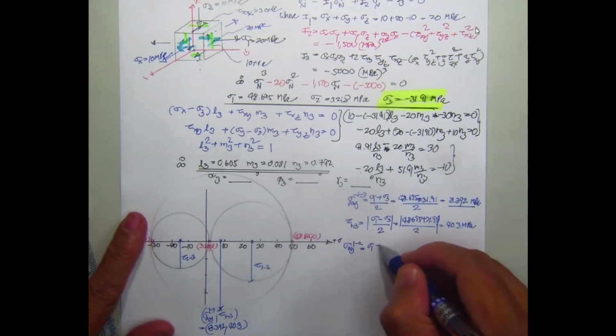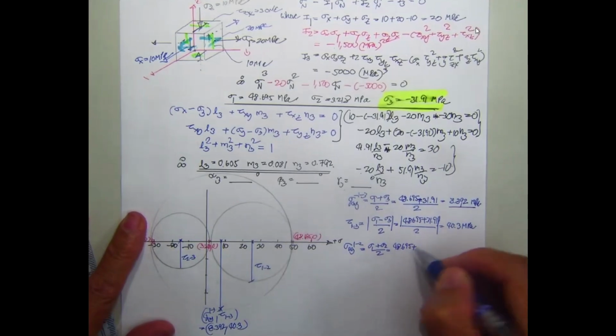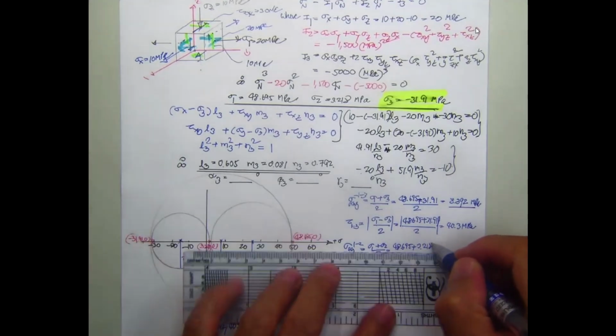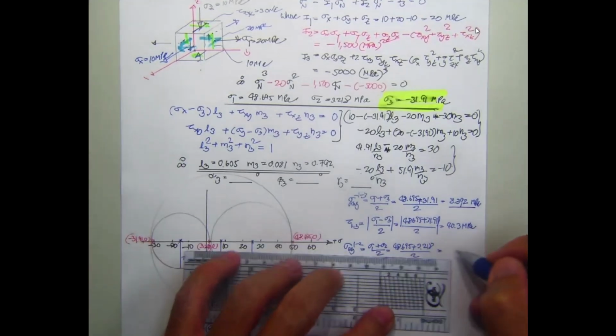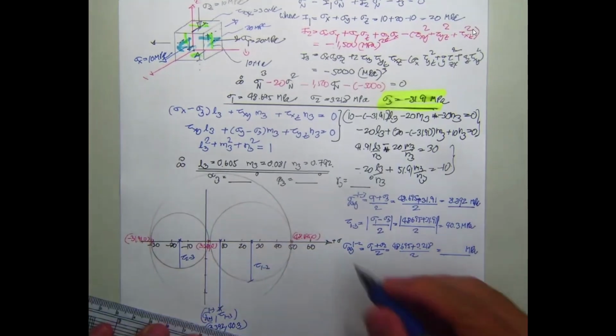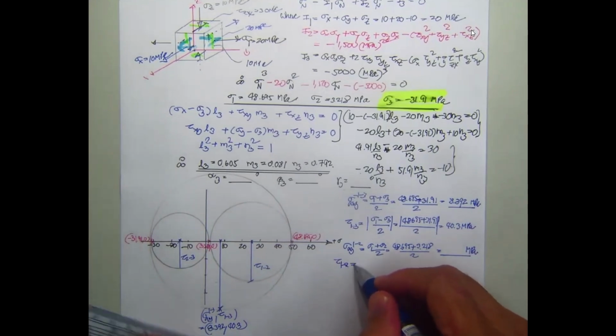And then do the same thing for sigma average 1, 2. That's sigma 1 plus sigma 2 divided by 2. 48.695 plus 3.218 divided by 2. That's going to be sigma average for this one. And then tau 1, 2 is over here.